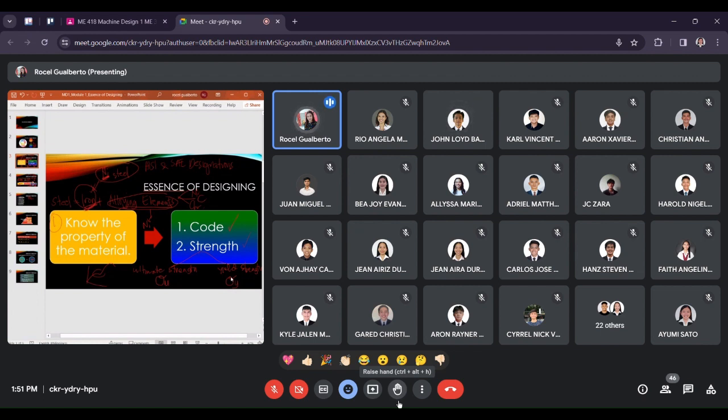For example, our sample is AISI C1020 ASRO. We will look for the value of its sigma u and the value of its sigma y. So, this is the code.